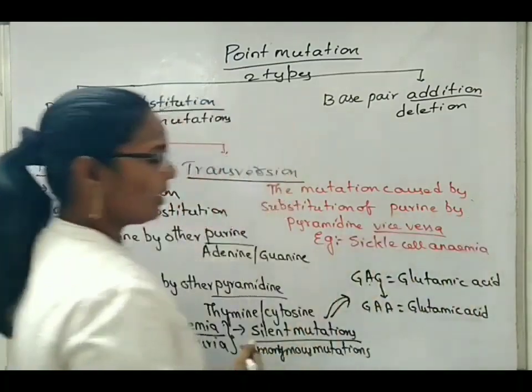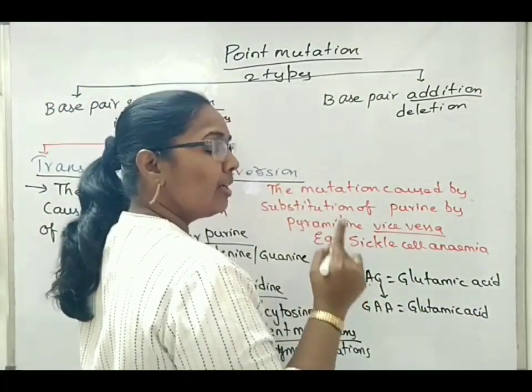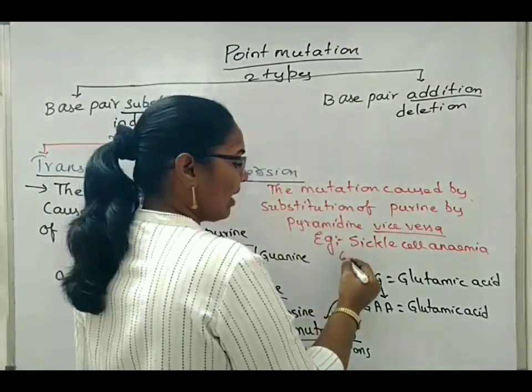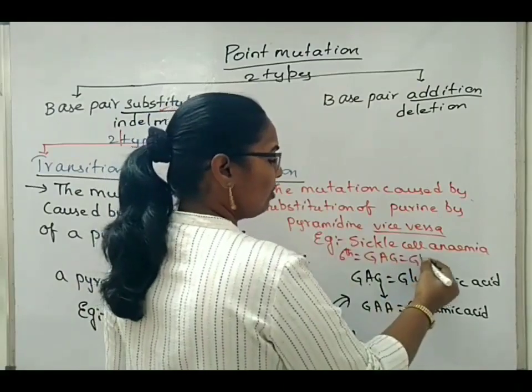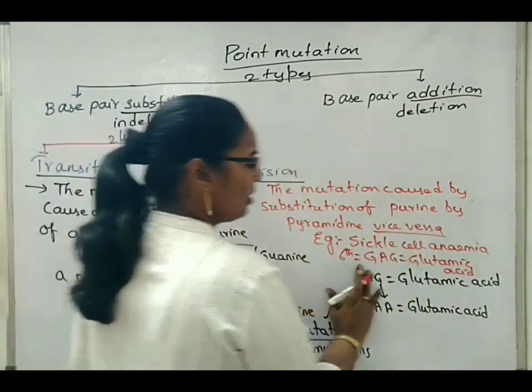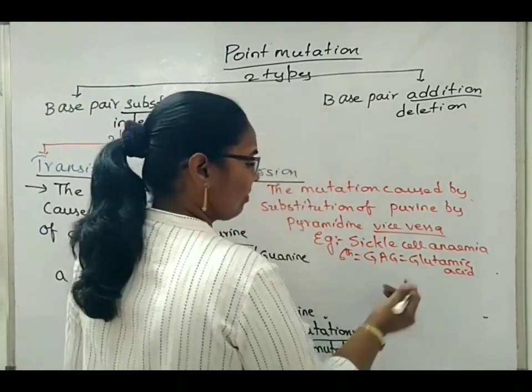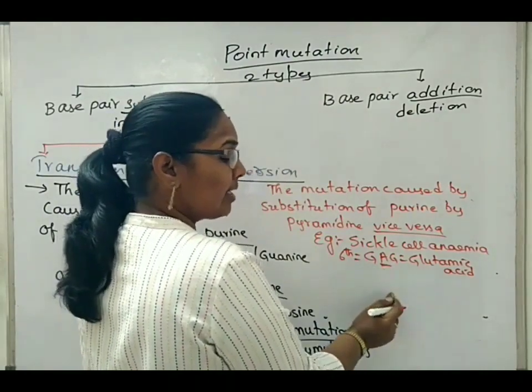Sickle cell anemia can be taken as the best example because in sickle cell anemia, at the 6th codon of the beta chain of hemoglobin, we have the sequence GAG, which codes for glutamic acid. But there, adenine, which is a purine, is replaced by a pyrimidine, that is uracil.